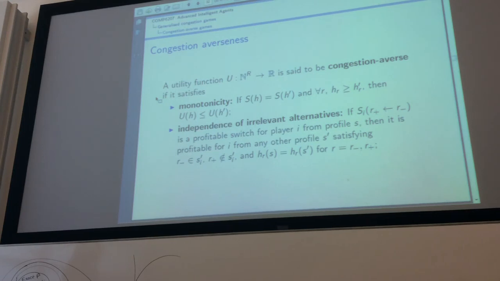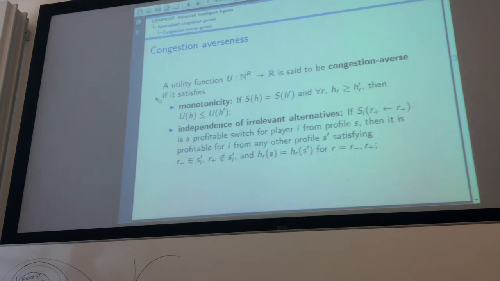Okay. And then we say that the higher congestion we have on a vector, so we have congestion vector H and H prime, so that on each resource the congestion in H is greater than the congestion in H prime, but these two vectors have the same support, have the same non-zero entries.